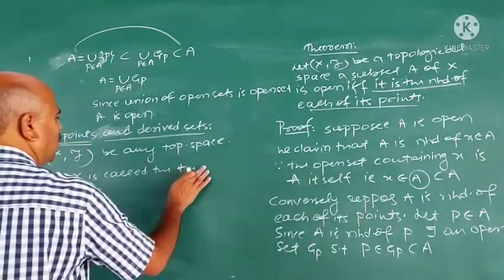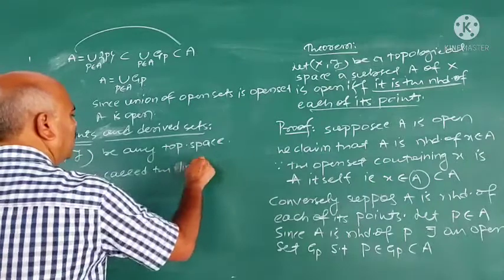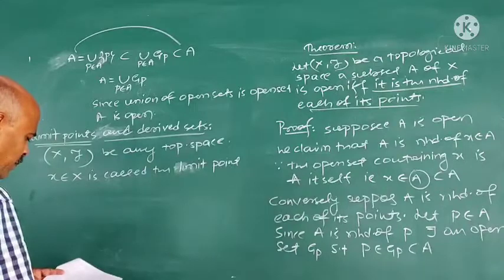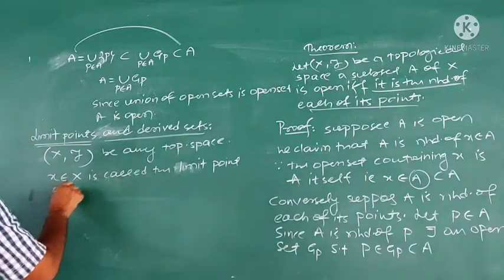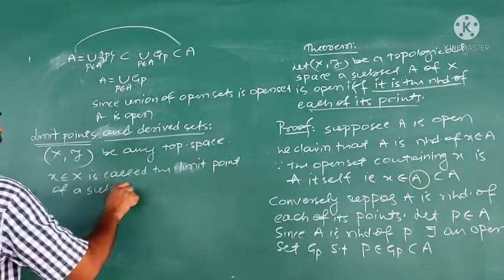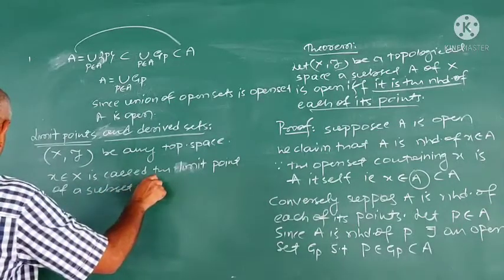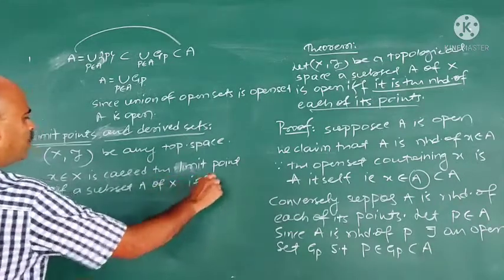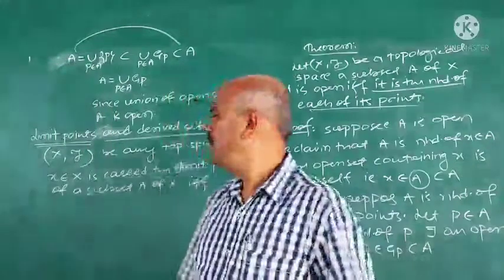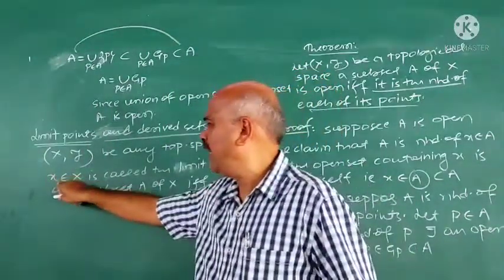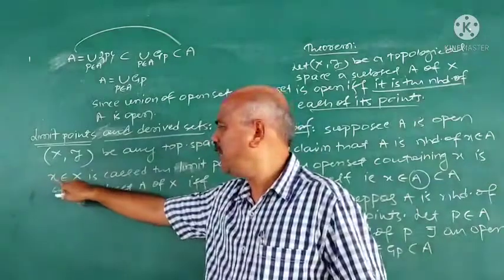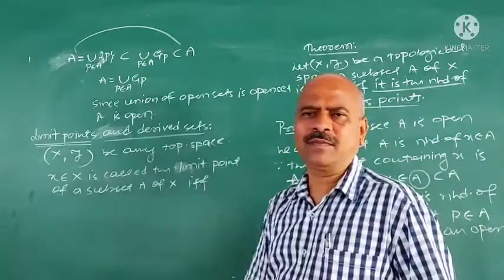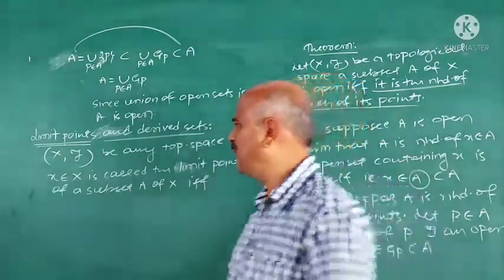of a subset capital A of X if and only if every open set containing X contains a point of A other than X. See, the definition is like this.